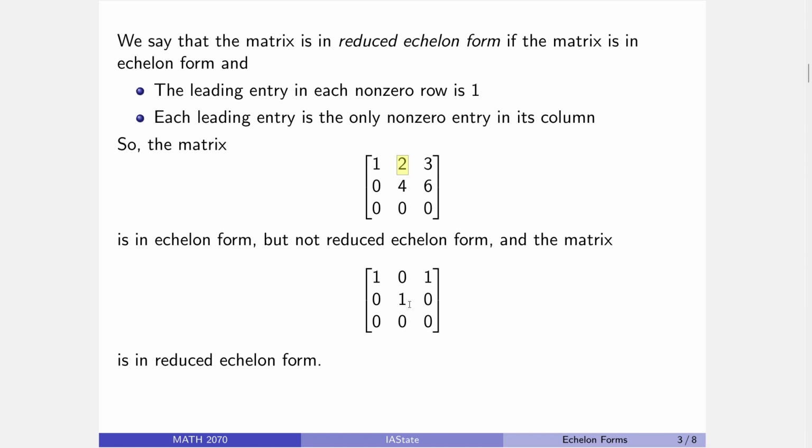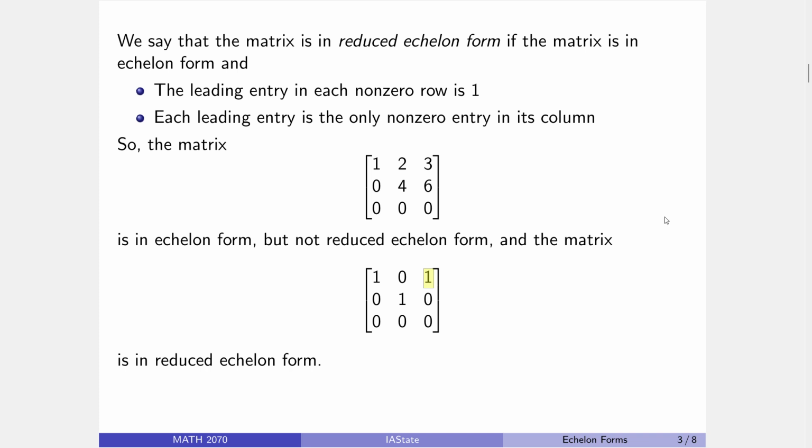This one here is in reduced row echelon form. Here we have a leading coefficient, and they're all 1. We have our staircase pattern. We have our row of zeros. The leading coefficients only have zeros above and below. And now this thing over here is totally fine for reduced row echelon form because, well, we don't care about this thing. It's not a leading entry, and it's not of interest.